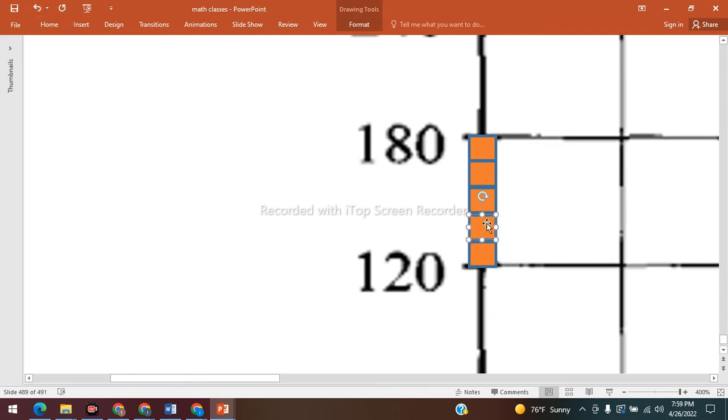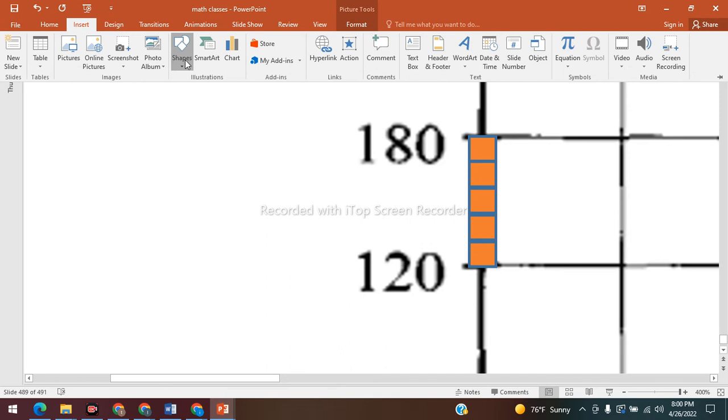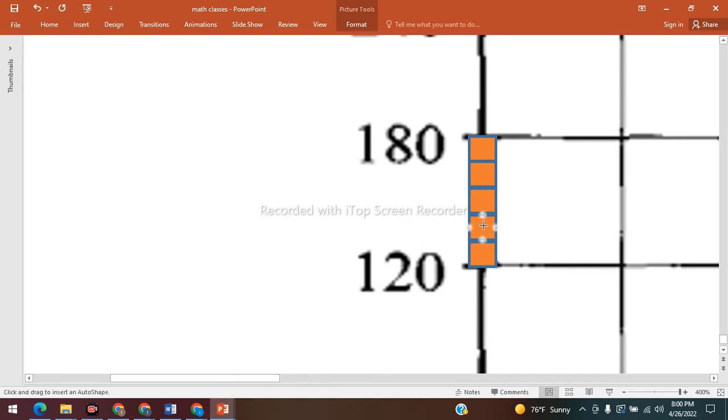Let's bring this down a bit. Okay, that's good. Perfect. So this is 120, 130. Well, we need 150, right? 130, 140, 150. So we need to get a line and insert that line right there. So this is 120, 130, 140, and 150 right there.